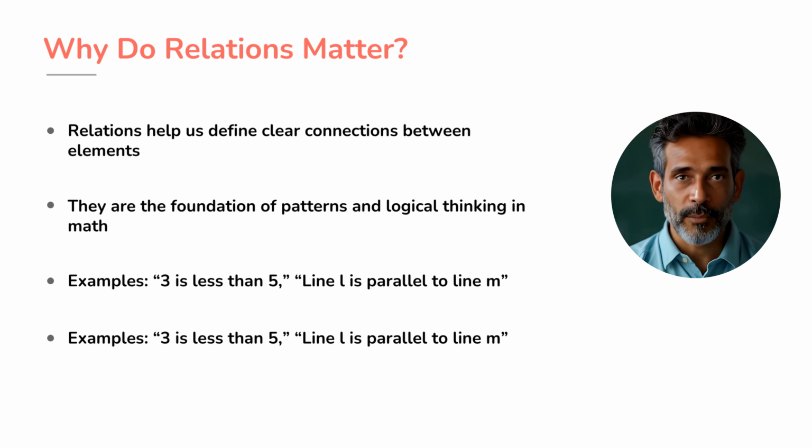Each of these statements tells us how one object connects to another. So, in simple terms, a relation is just a rule or a condition that links two quantities or objects together. Keep this idea in mind. It's the starting point for understanding how mathematics can organize and explain the world around us.